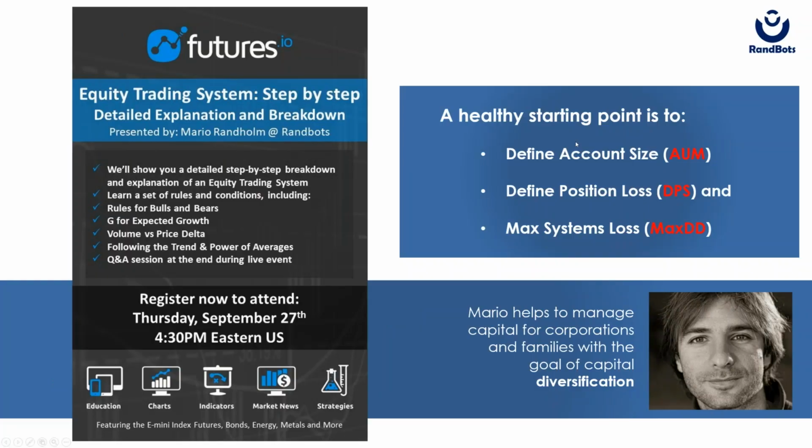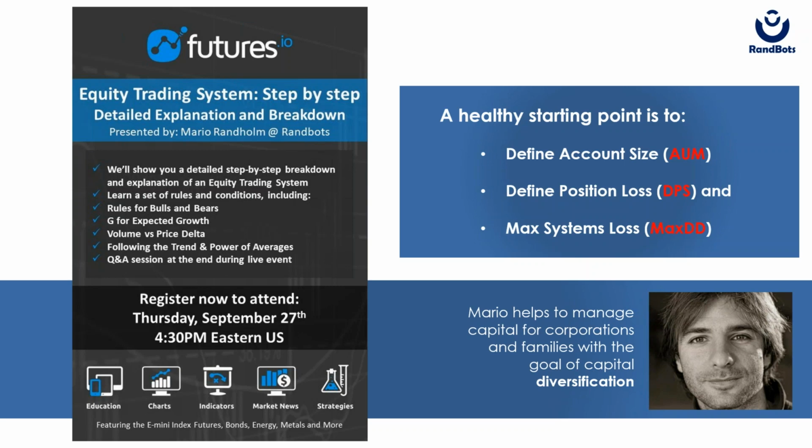Like Terry mentioned, we're going to go through the basic steps that I use to determine filters to trade equities in the US. Especially, we're going to focus on S&P 500 equities. We're going to review the rules for bulls that I use and rules for bears.